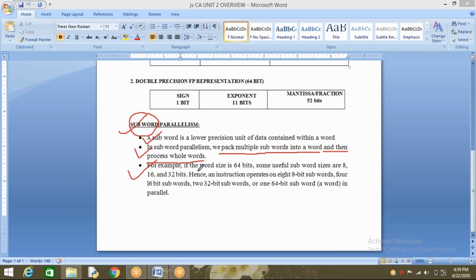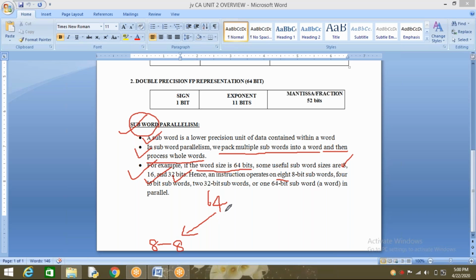For example, if your word size is 64 bits, we can subdivide the word into 8 bits, 16 bits or 32 bits. If the 64 bits are divided into 8-bit subwords, how many groups do we have? 8 groups.